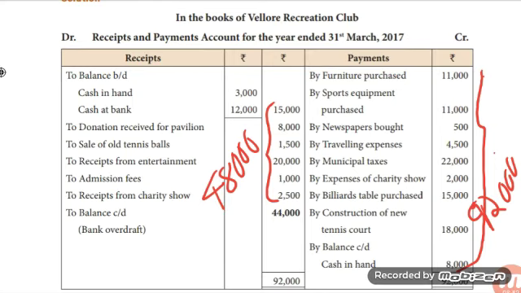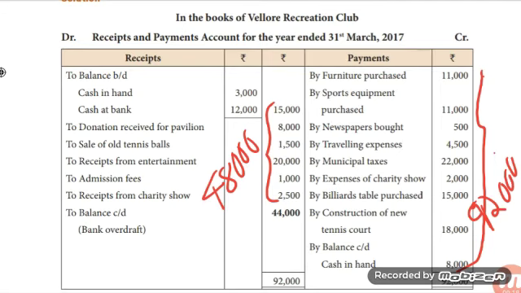So first write the greater amount on the credit side, then write the same amount on the debit side. Then find the difference between the credit side and debit side. What is the difference? 92,000 minus 48,000 is equal to 44,000.